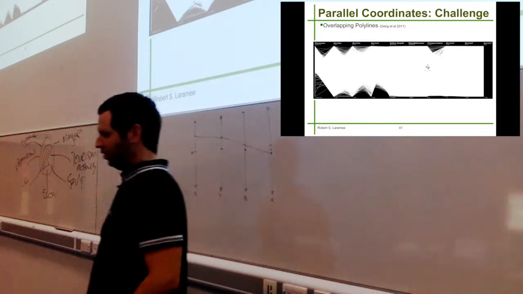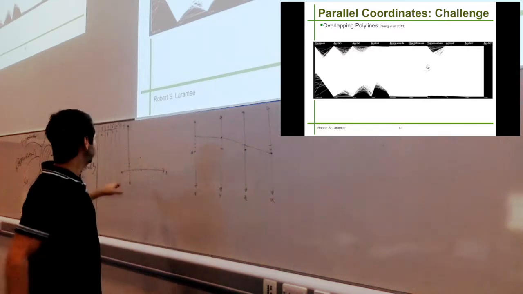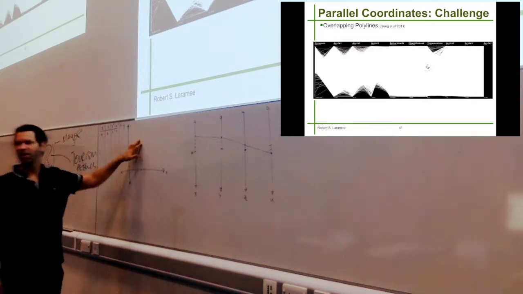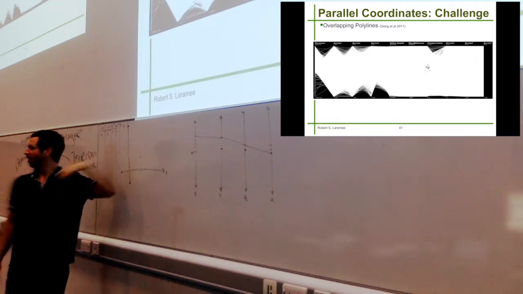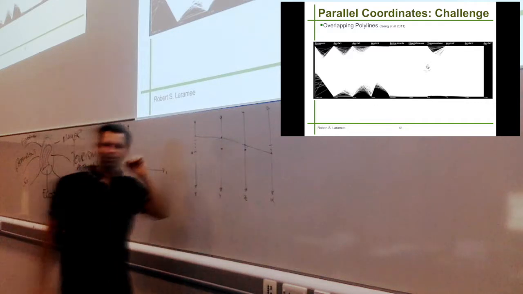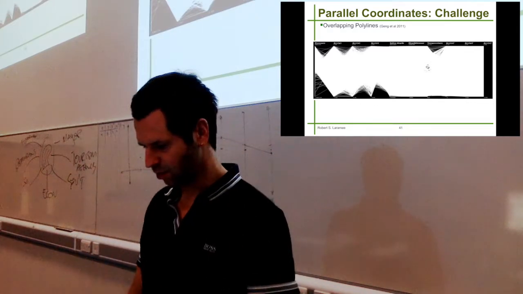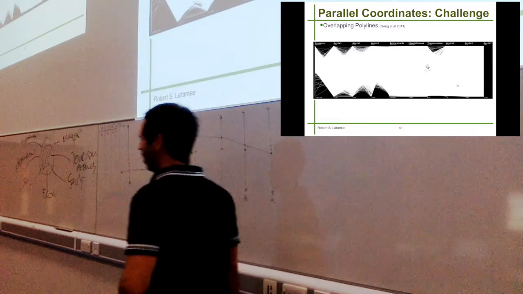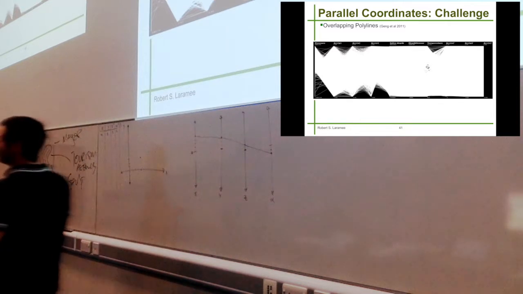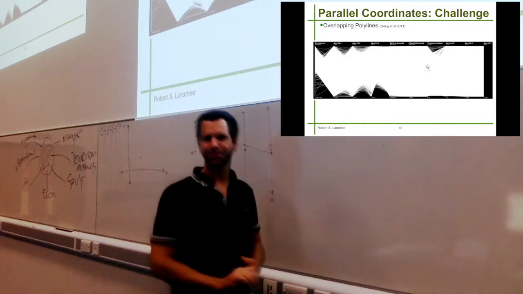So this is what it looks like when we overplot. Just like in Cartesian coordinates, you can have too many data samples on your space and they overplot and they're hard to see. In some ways, it's arguably even worse with parallel coordinates because you have polylines rather than points, and polylines occupy more pixel space than points do.